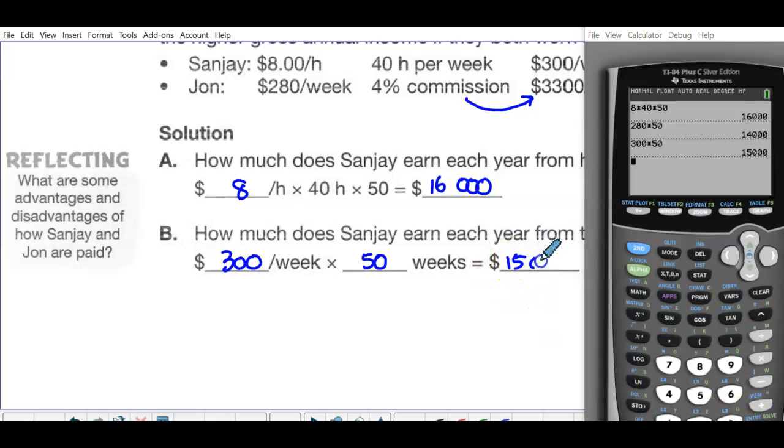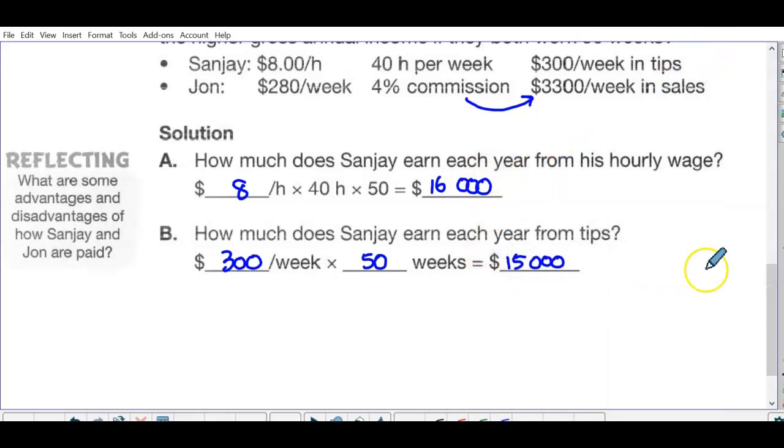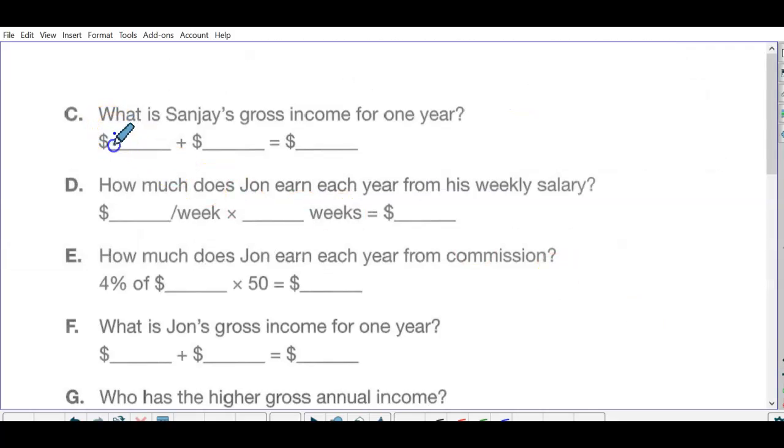That's 15,000. Okay. And so then we want to add those together to get his total pay. So if you go to the next page, that'll be 16,000 plus 15,000. You can use your calculator, but you should get 31,000. Okay. So not a huge salary.